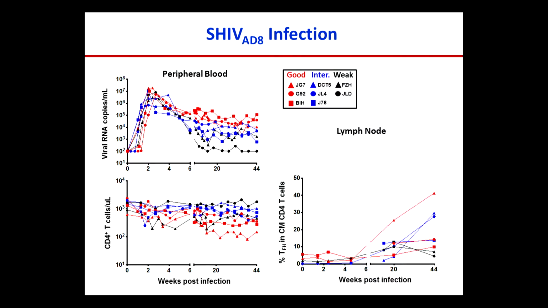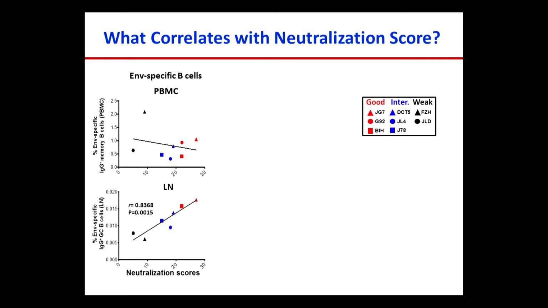First, the B cells. Envelope-specific B cells in the peripheral blood, shown on this axis, versus the neutralization score on this axis. Peripheral blood B cells don't predict neutralization at all. But if you look in the lymph node, the germinal center envelope-specific B cells are an excellent predictor of whether that monkey is going to have a broad neutralizing antibody response.